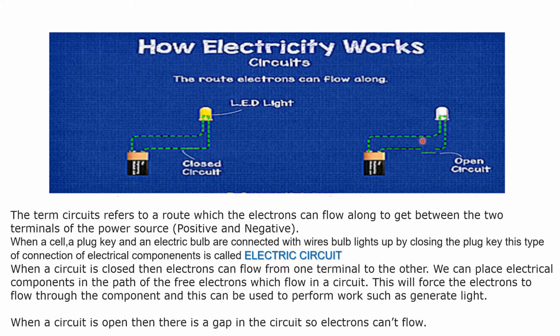When a circuit is open, then there is a gap in the circuit, so electrons cannot flow, and in turn the bulb is not lighted up. So this figure shows you a closed circuit and this figure shows you an open circuit.